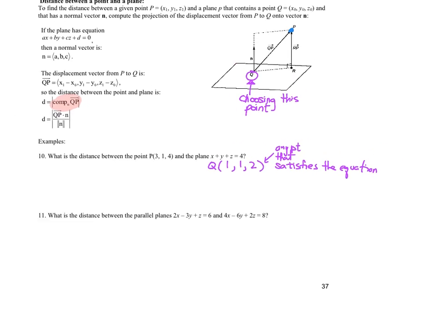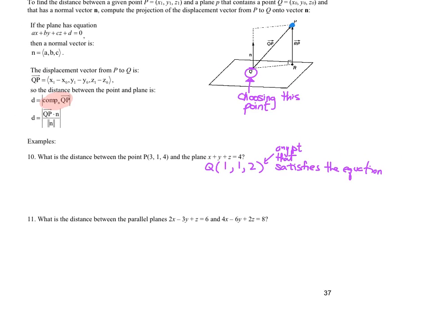If you wanted to, when I'm going through this example, maybe you choose something else. Maybe you choose 6, -1, -1. If you carry out the process the same way I do, you'll come up with the same answer. It does not matter what point you choose.